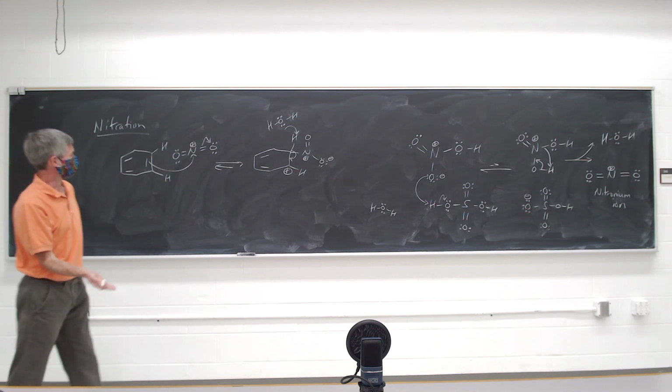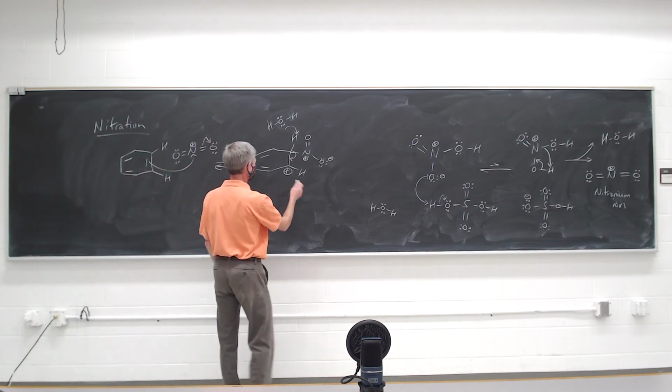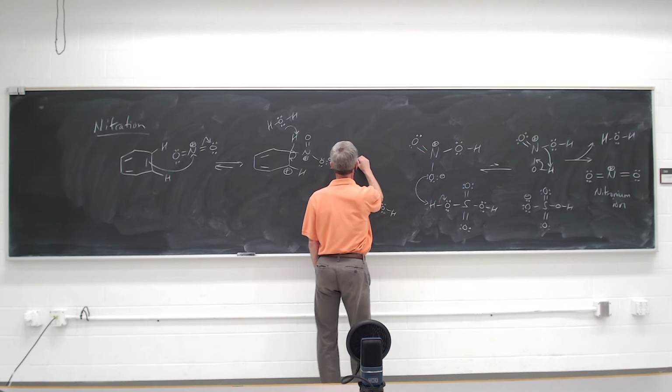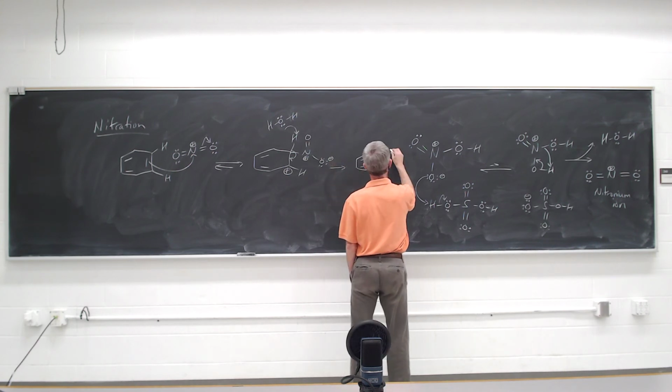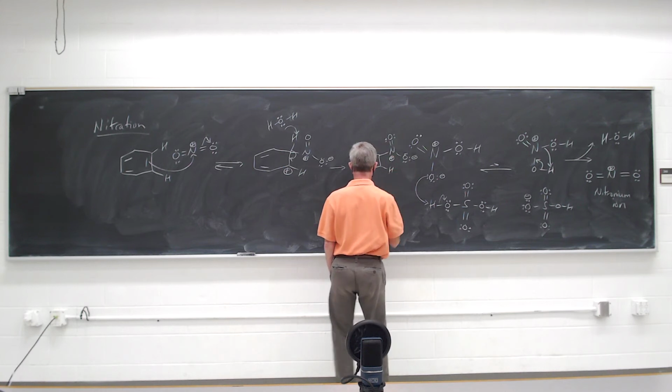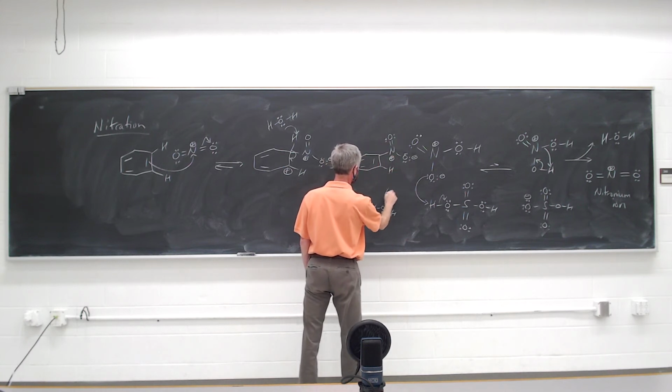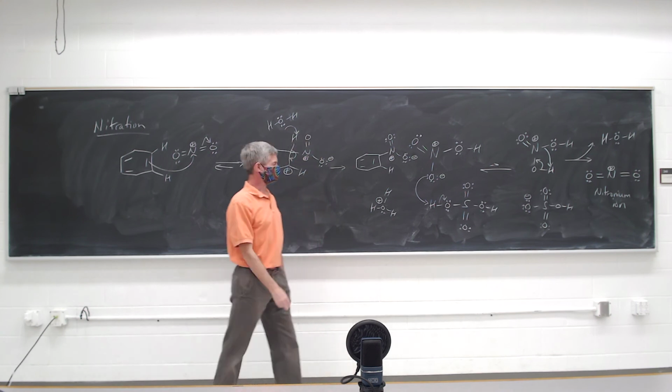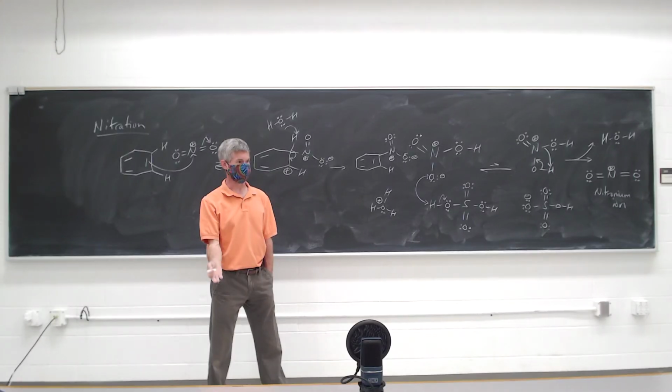So water is likely more abundant. But if you use the hydrogen sulfate ion, that's fine too. There's nothing wrong with that, and that would generate the hydronium ion, which you'd expect to be present anyway, right?